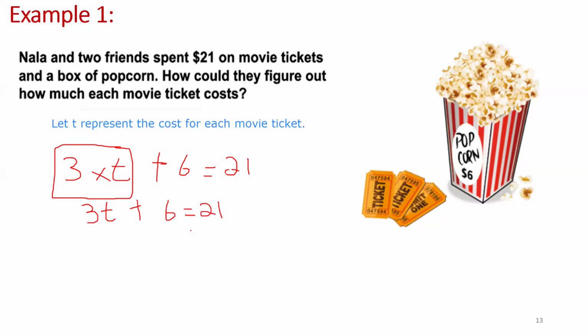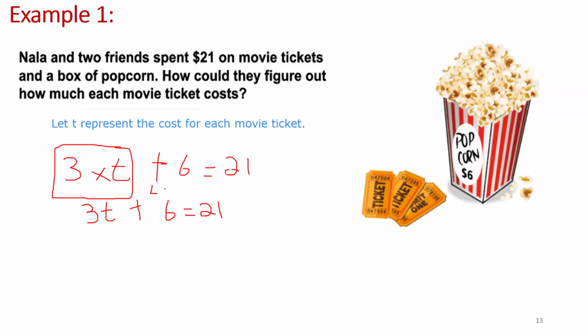Alright, so now we have our equation we are going to solve. This is what we call a two-step equation. Two-step means that we are going to use 2 steps to solve it. In solving an equation, the goal is to get the variable, the unknown, the letter, by itself on one side of the equal sign, whether it be the left or the right.